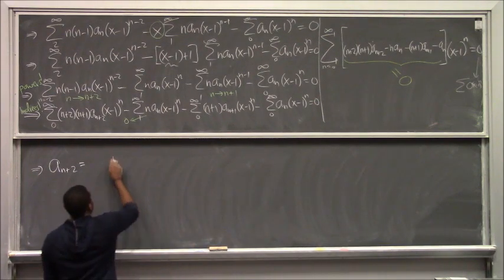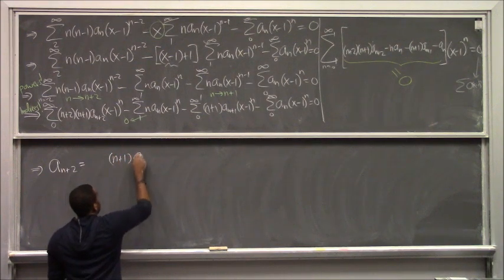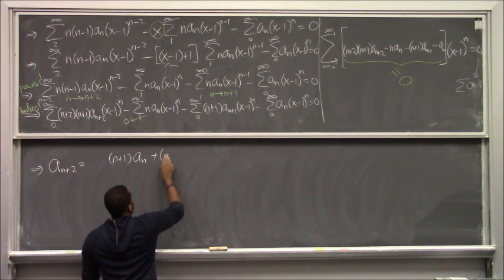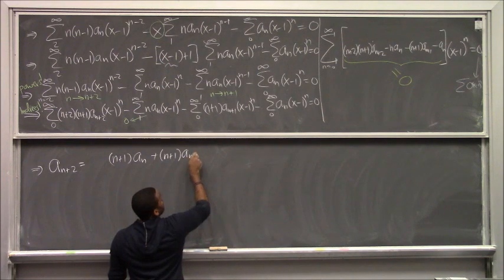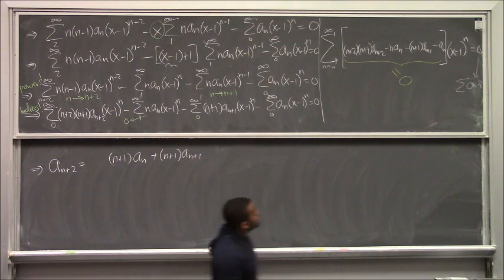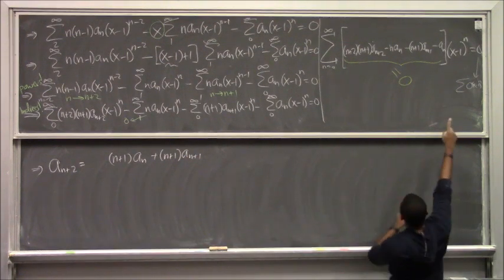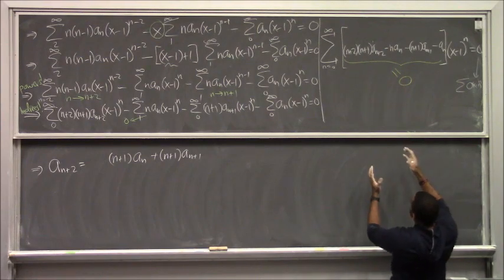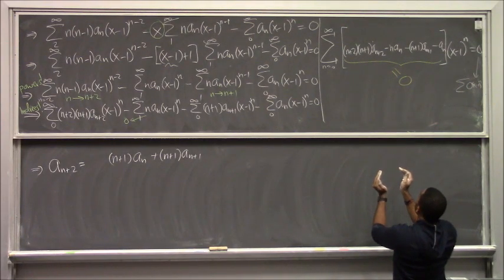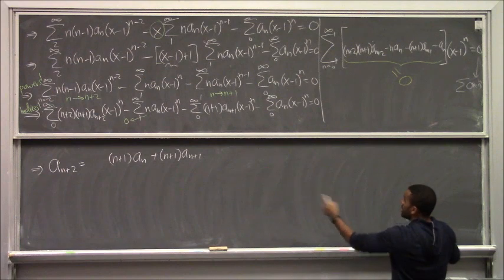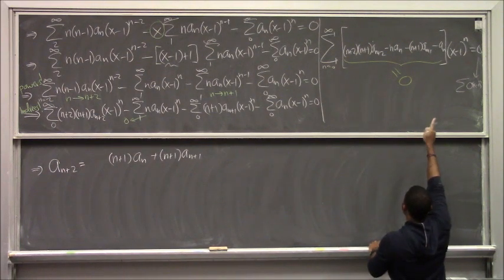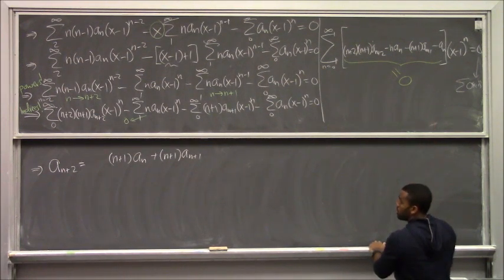So notice I'm going to have (n plus 1) times a_n, and I'm also going to have (n plus 1) times a_(n+1). Because I have the minus n a_n and minus 1 a_n, that's minus (n plus 1) a_n; move it over, that's that. And then this guy is going to be the (n plus 1) a_(n+1).